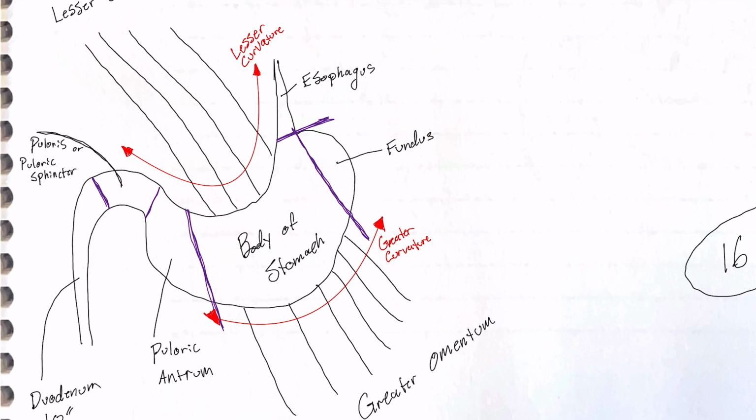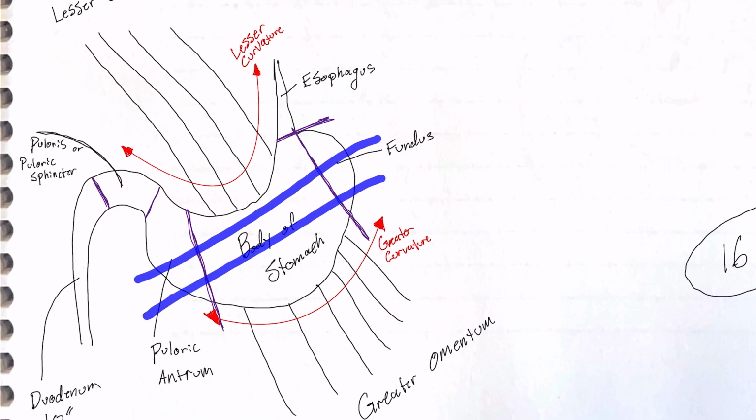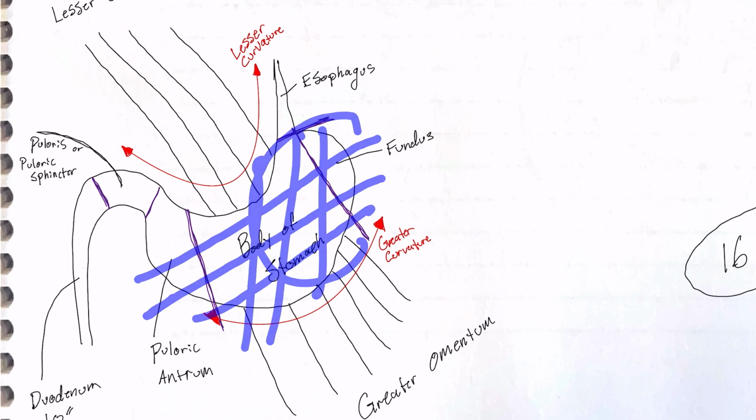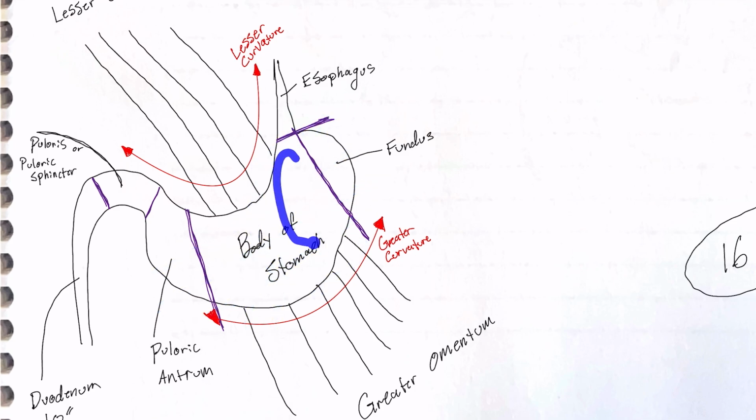You have a circular layer, which is your middle layer, and then you have number 3 being the oblique layer, and that's the innermost layer. Those layers make up the stomach, and they run different ways as well, so that they can churn the food inside the stomach and help it to digest.